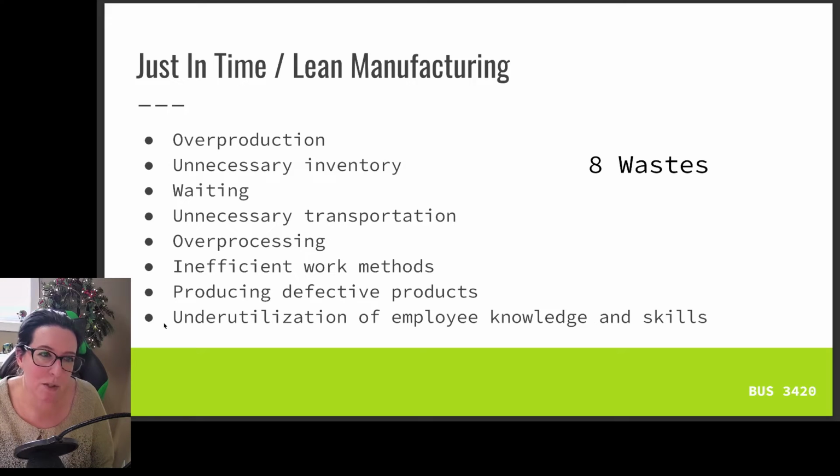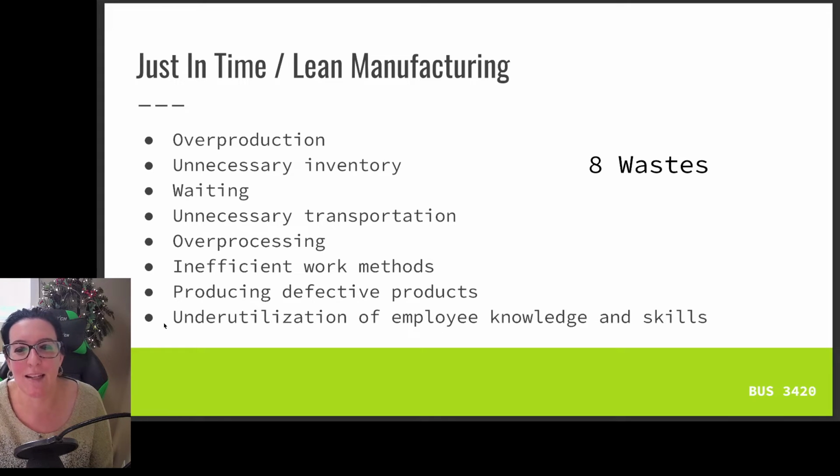And the last piece in terms of just-in-time or lean manufacturing is the underutilization of employee knowledge and skills. So are we effectively using the training, the talent of our people to their best ability, to what's most value added within our organization? We talked in earlier videos about how organizations can be highly centralized, where there's an expectation that you don't question authority, where we want people not to question and just do what is told.